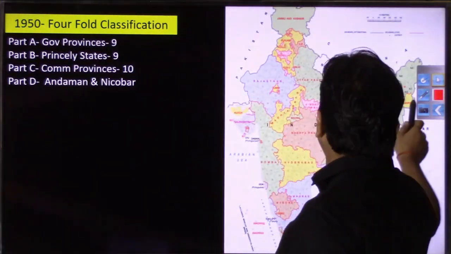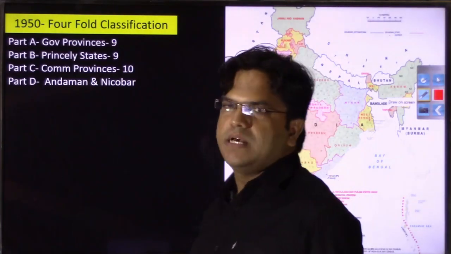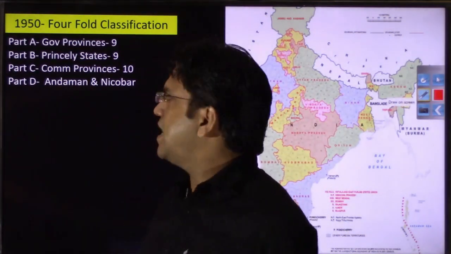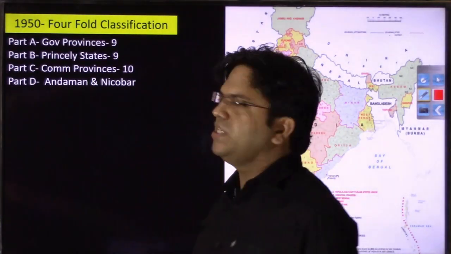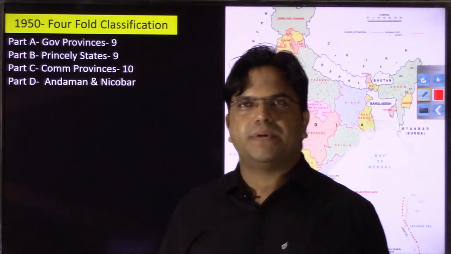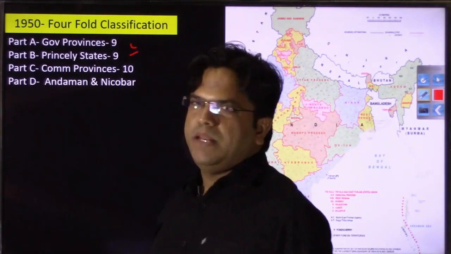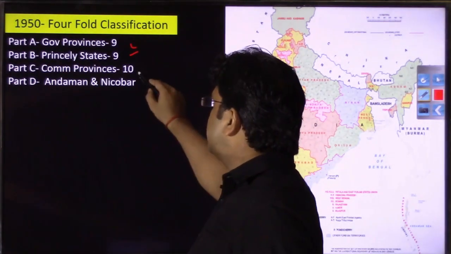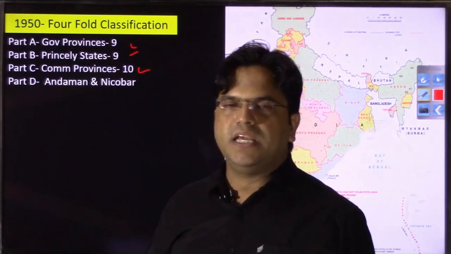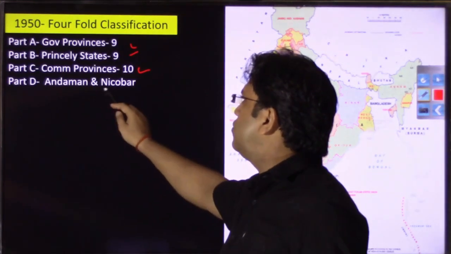We had 29 states at the time of independence, but those had been put into Part A, Part B, Part C and Part D. In Part A and B you had 9 states each, in Part C we had 10 states, and in Part D we had the lone Andaman Nicobar.